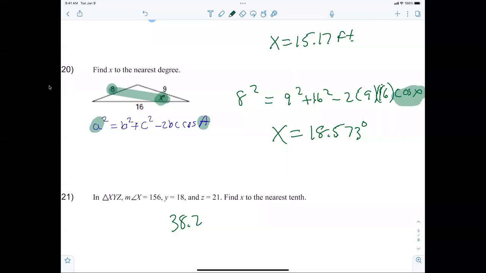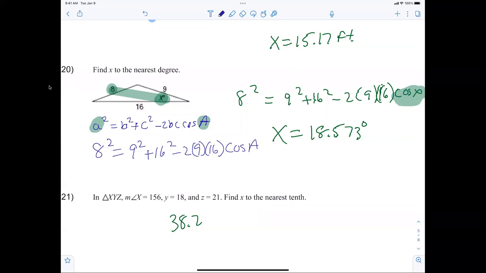Anybody need me to say that better? Tanner, is that good now? So I just automatically knew 8 squared, and then the other two numbers went after that. So 9 squared plus 16 squared minus 2 times 9 times 16 times cosine of A.